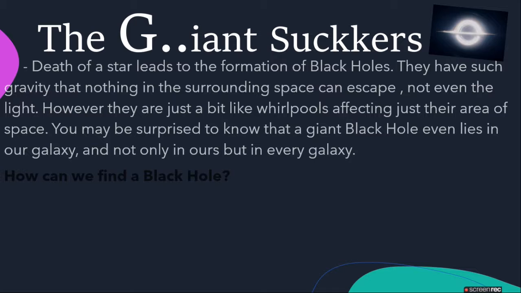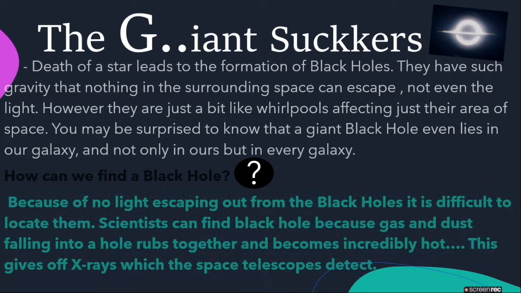How can we find a black hole? When the whole space is black, and even the black holes are black, how do the scientists find them? Because no light escapes from the black hole, it is difficult to locate them. Scientists can find black holes because gas and dust falling into a hole rub together and become incredibly hot.